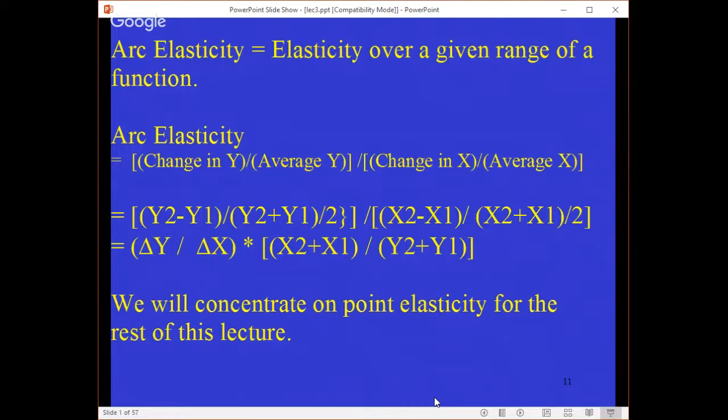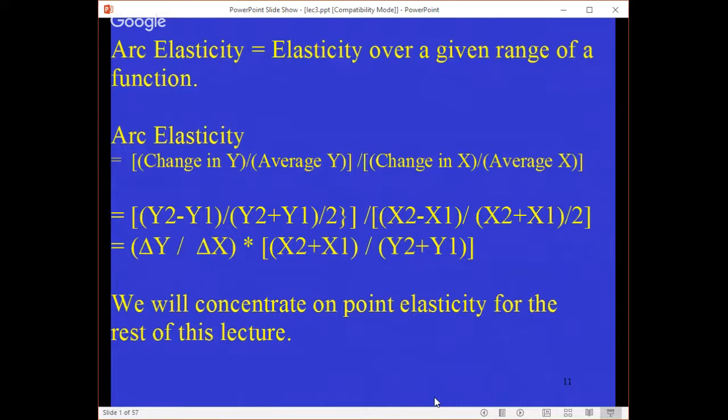Now, algebraically, this 2 cancels with that 2, so it goes away. So I can write y2 minus y1 as a change in y, and x2 minus x1 is a change in x. Then I just bring the average x up to the numerator, leave the average y in the denominator, and I get my formula for arc elasticity.